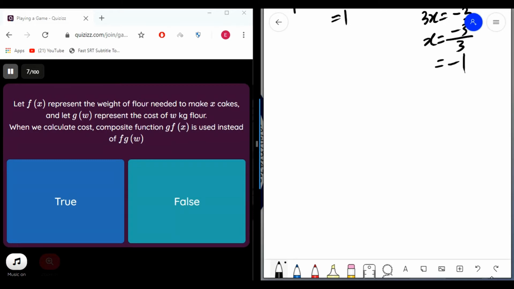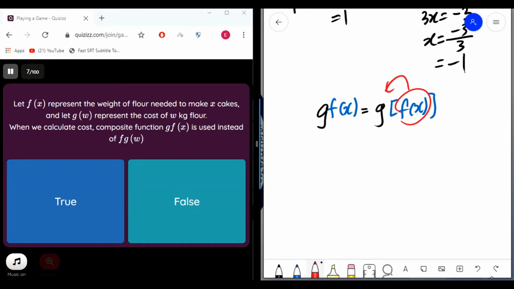Why? Because g(f(x)) means g, then we have a bracket f(x). So we'll find the value of f(x) first, then we plug into function g.